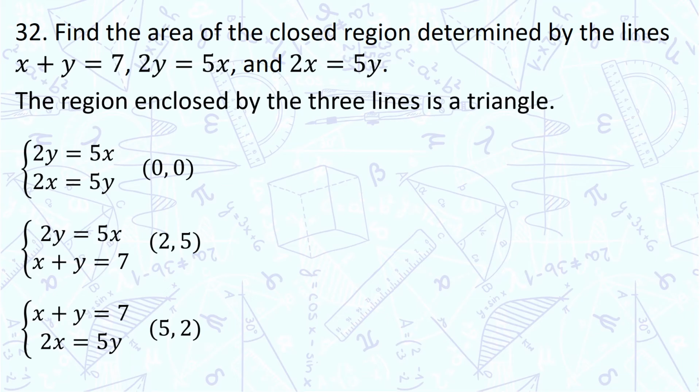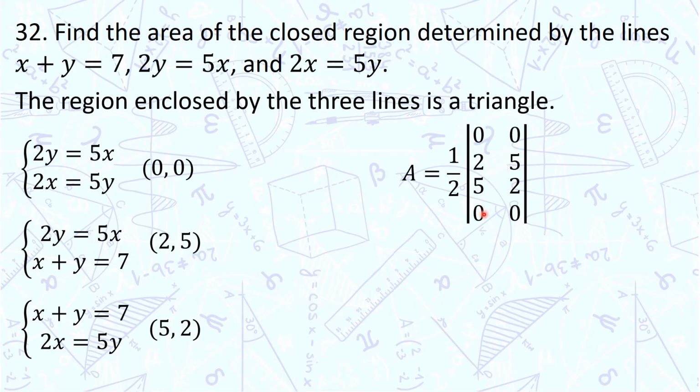To find the area, we use 1/2 of the absolute value of the determinants using the vertices. That is 1/2 the absolute value of the determinants x sub 1, y sub 1, x sub 2, y sub 2, x sub 3, y sub 3, back to x sub 1, y sub 1.